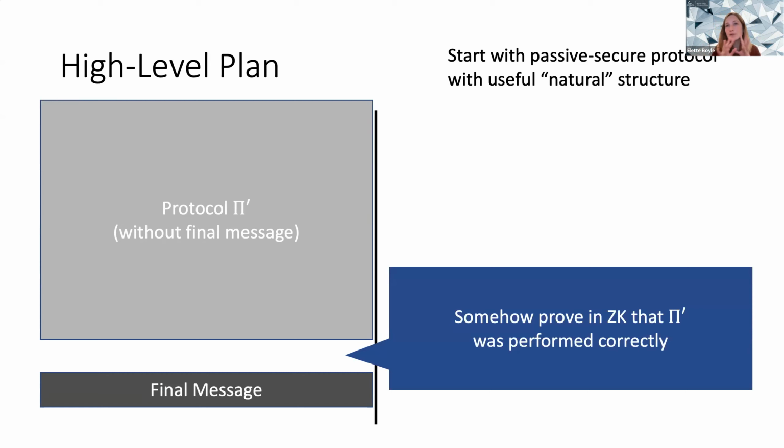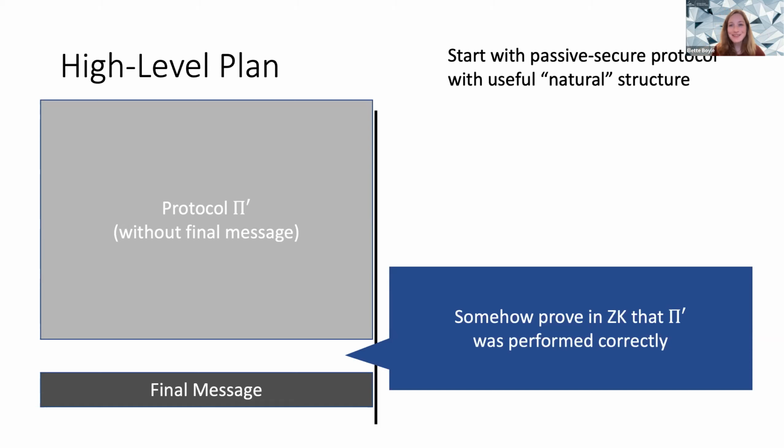So everything at the very beginning, this pi prime light gray part, even if you're a malicious agent, everything you're seeing just looks like random garbage up until the final message. And the final message is when everything that you see suddenly becomes clear, and it allows you to convert this to what the function output should be.